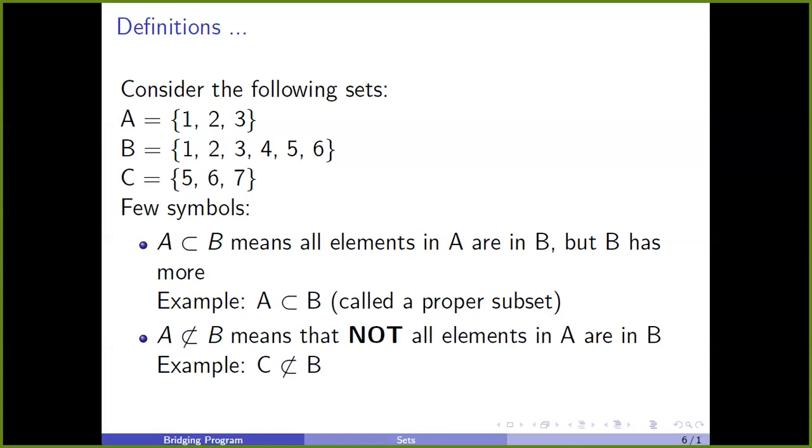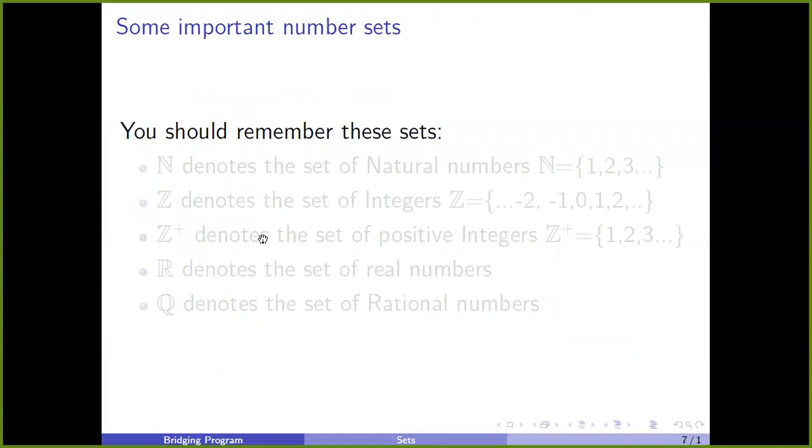Got it? Okay. Before we move on, I wanted to introduce a few very important number sets. You need to remember these number sets. The first set of numbers is called natural numbers. These are the numbers that we count from: 1, 2, 3, 4, 5, 6, and it goes until infinity.